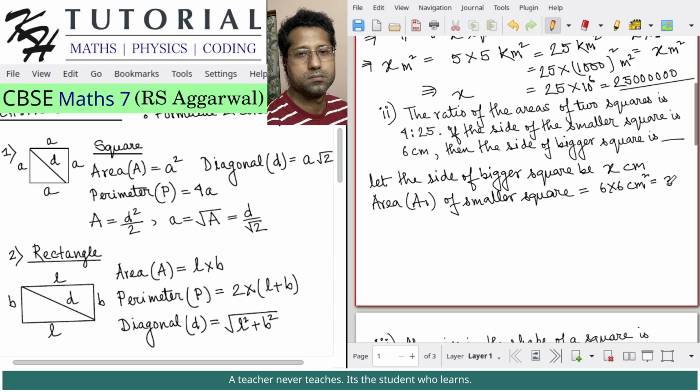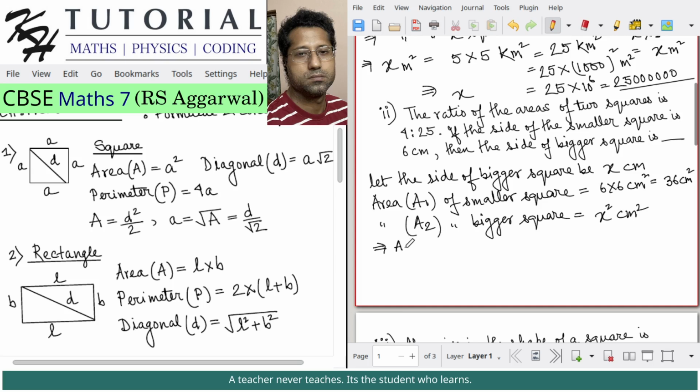This is equal to 36 centimeter square, and area, let's say A2, of bigger square will be equal to x square centimeter square, since we have assumed the side of bigger square to be x centimeter.